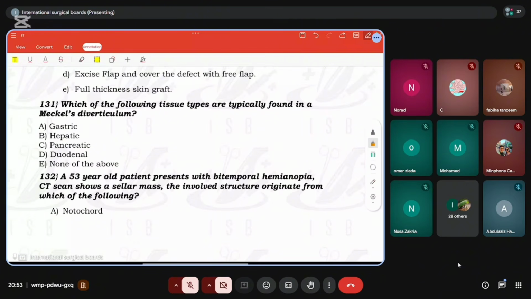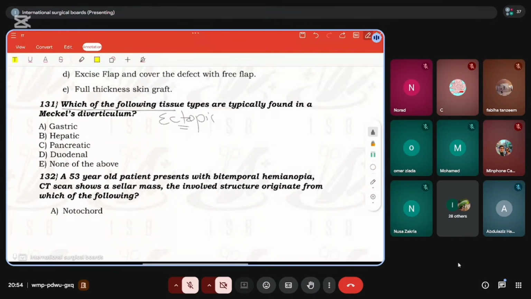So I just want to thank also the people who were with me in this exam who did this great recombination of the questions. I thank them so much. They really did help with that. But in this question, there's some conflicting wording, they didn't agree. Some of them told me it was which of the following ectopic tissue types is typically found in Meckel.